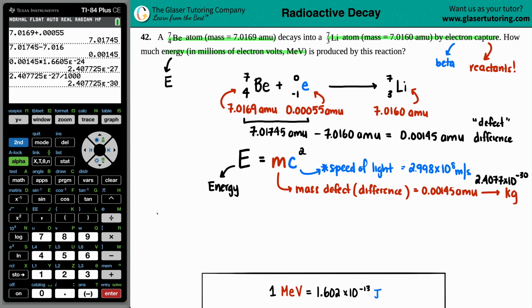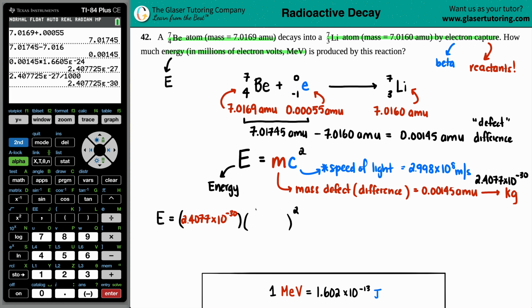Okay, so E equals m c squared. The m is going to be the 2.4077 times 10 to the negative 30th.